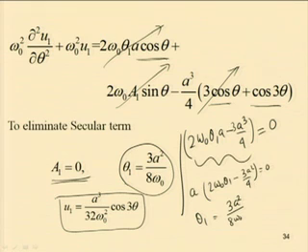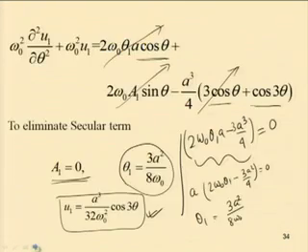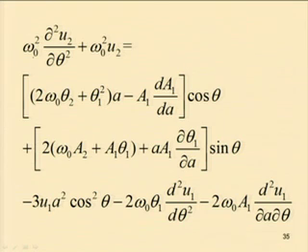So, we obtain u 1 equal to a cube by 32 omega 0 square cos 3 theta and a 1 equal to 0. Now, by substituting this u 1 in the second equation, this is the first equation, the second equation we obtain to be this, that is omega 0 square del square u 2 by del theta square plus omega 0 square u 2.